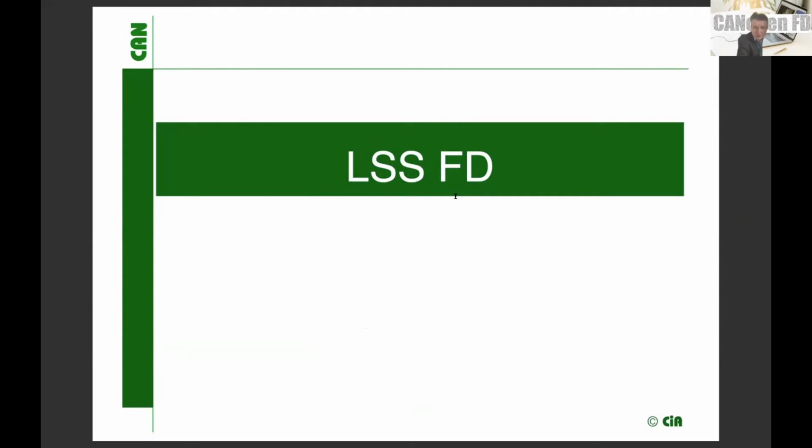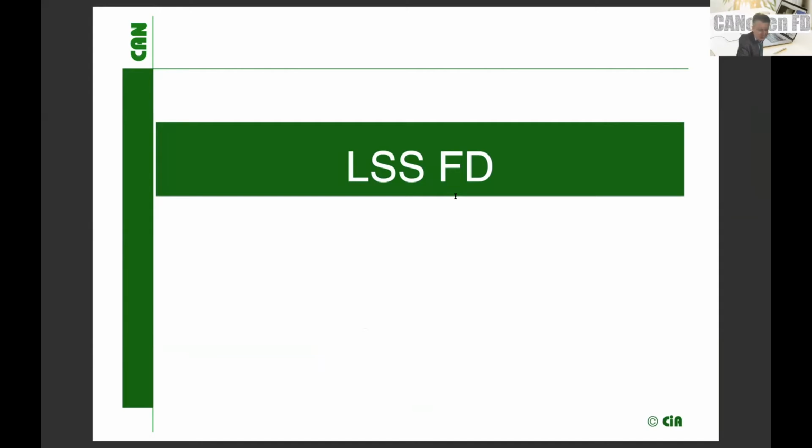We cover all these protocols. Although I must mention that most of these protocols, except LSS FD, are in an early or middle stage of development due to the new CANopen FD technology and the specifics we had to implement and define there.